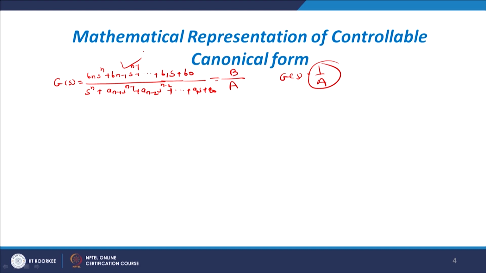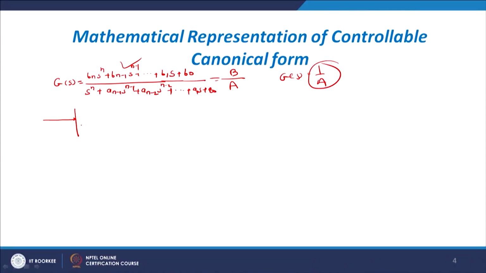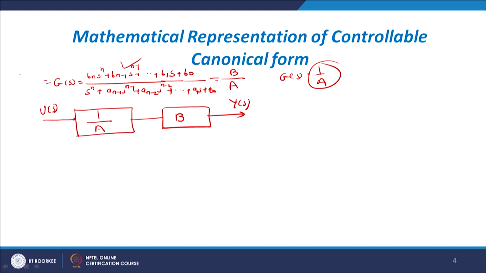Therefore, we write this transfer function as 1 by A times B, with U(s) and Y(s), because the transfer function is actually Y(s) by U(s).